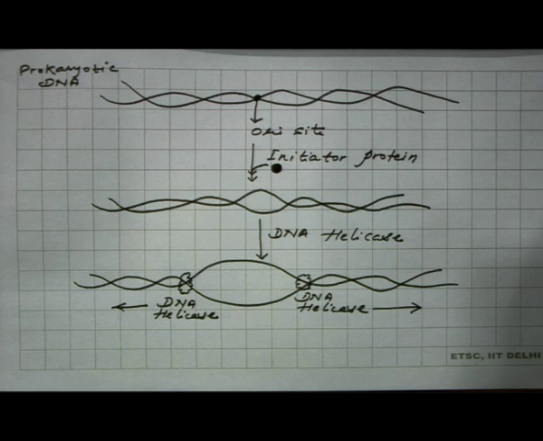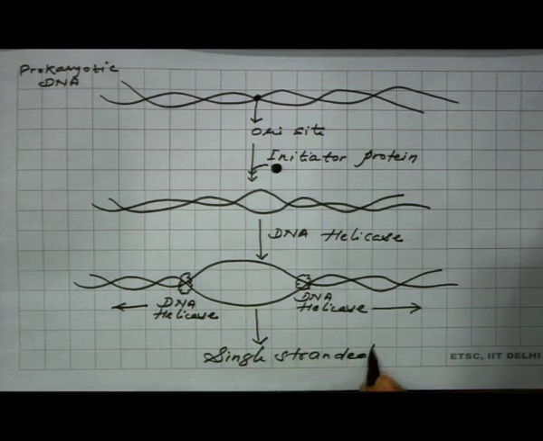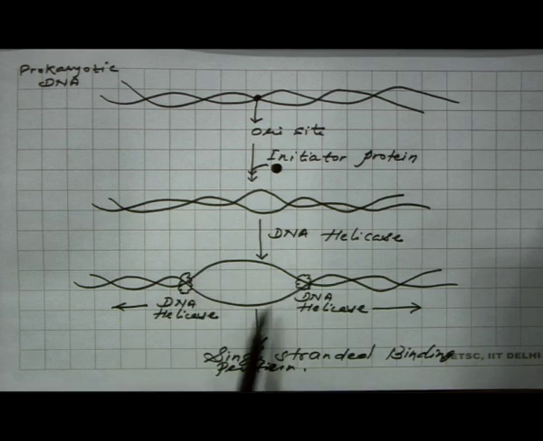To get them stabilized, another protein called single stranded binding protein will bind over the template and will stabilize the single stranded DNA, so that it will remain single stranded for the DNA polymerase to copy it.